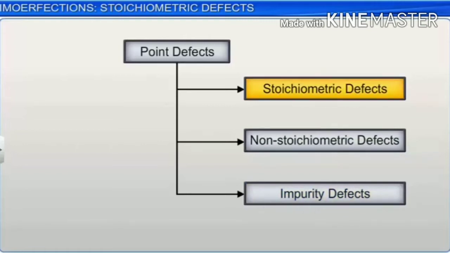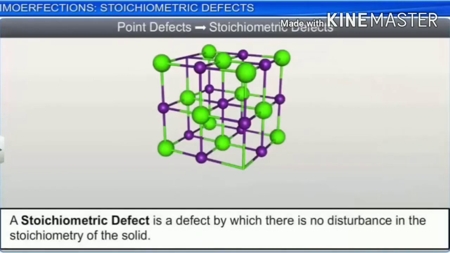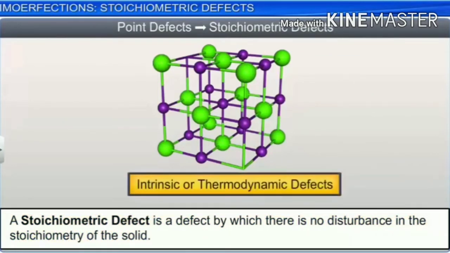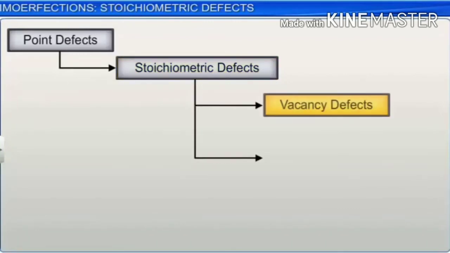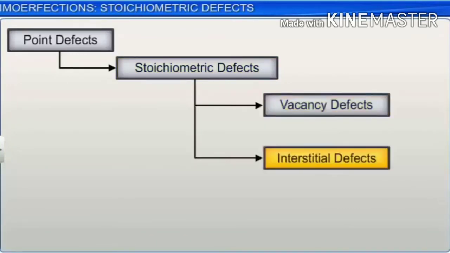A stoichiometric defect is a defect by which there is no disturbance in the stoichiometry of the solid. These are also called intrinsic or thermodynamic defects. Stoichiometric defects are further classified into vacancy defects and interstitial defects.